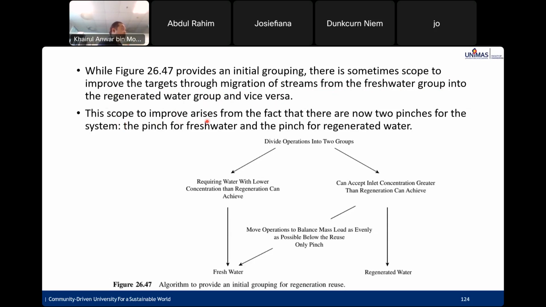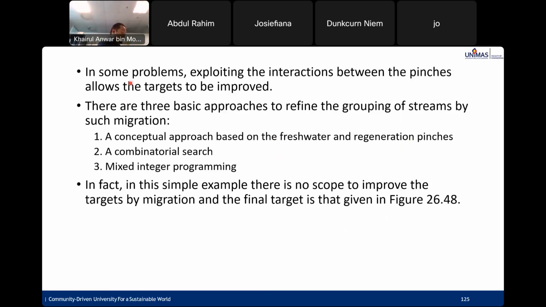The scope to improve arises from the fact that there are now two pinches for the system, the pinch for freshwater and the pinch for regenerated water. In some problems, exploiting the interaction between the pinches allows the target to be improved.